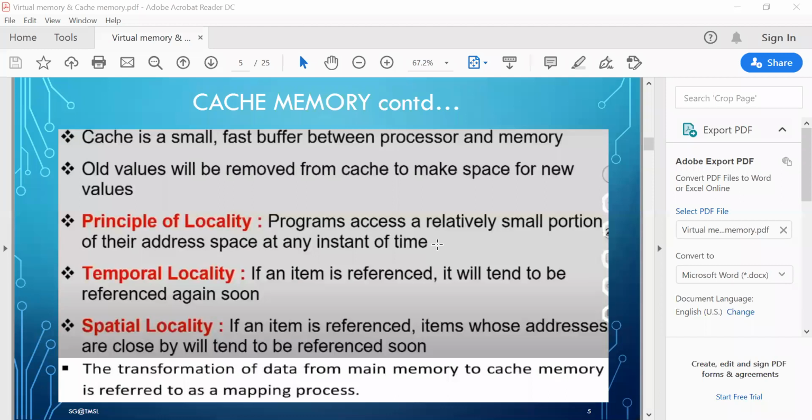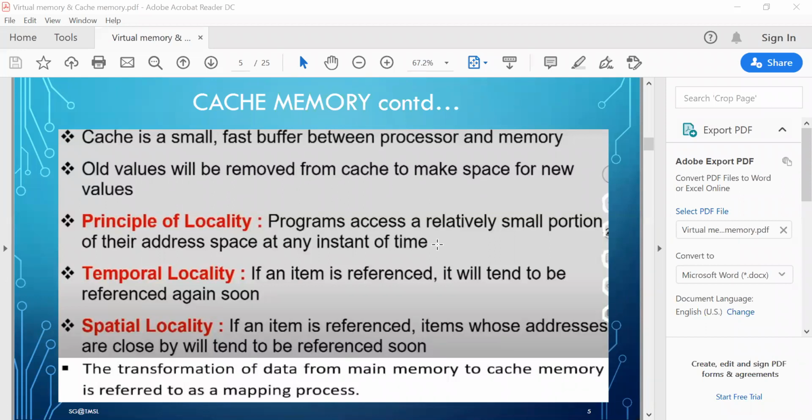For example, operations on tables or arrays involve accesses of a certain clustered area in the address space. Program segments and routines are stored in the same neighborhood of the memory space. So after accessing this, if it needs to access the nearest locations to the current execution, this is called spatial locality.